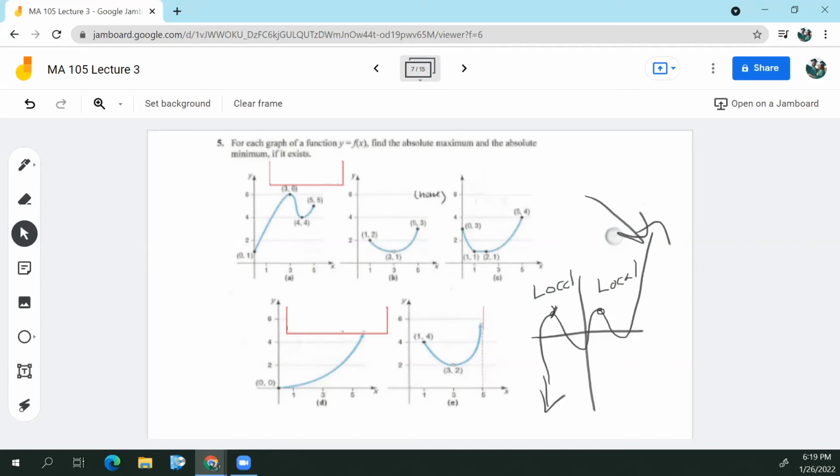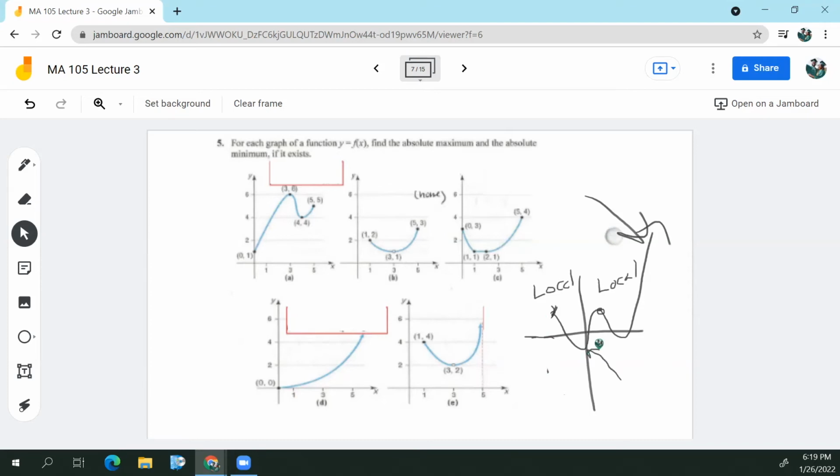However, if I cut this thing off, say here, like this, and I take a look, does this thing have an absolute minimum now? The answer is yes, and it's right here.